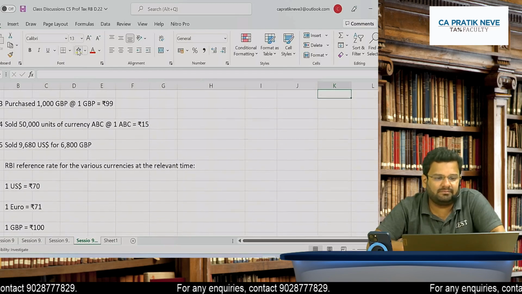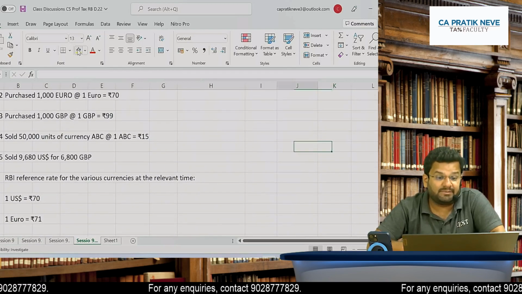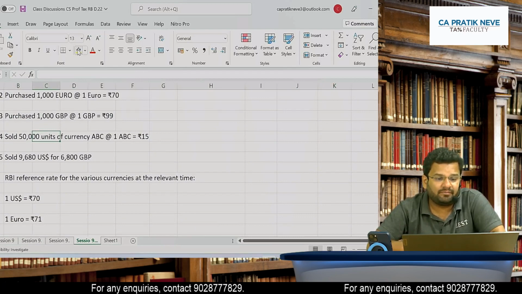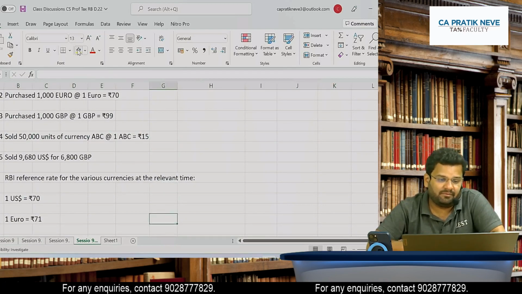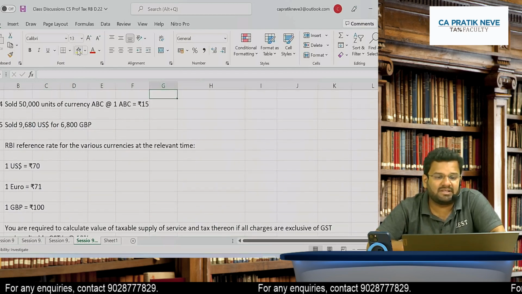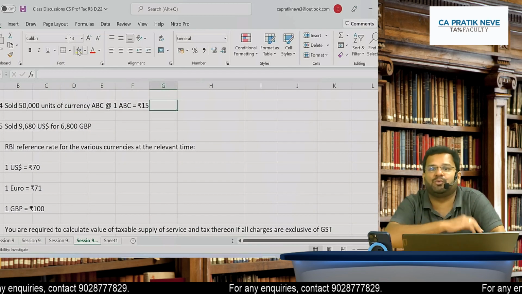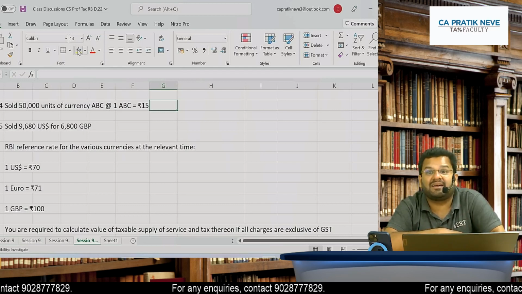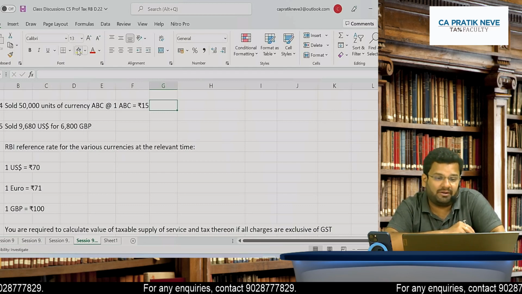Then friends, this point, sold 50,000 units of currency ABC. You can't see any reference rate for currency ABC. Now what will you do? Now you will check how much rupees are involved.